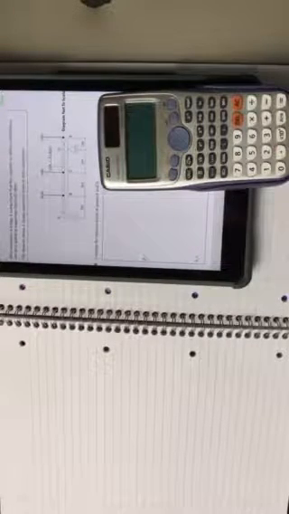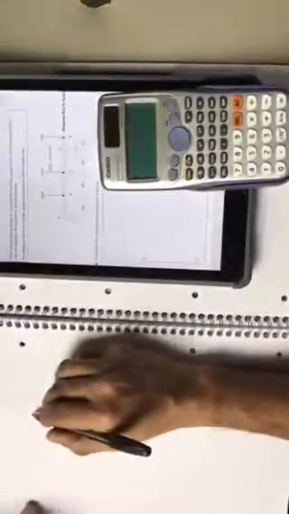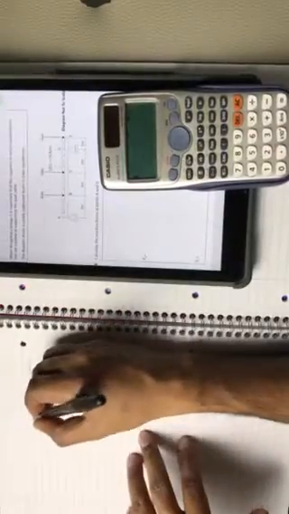So here we go. First of all, we start off by drawing a very rough diagram, as fast as possible.